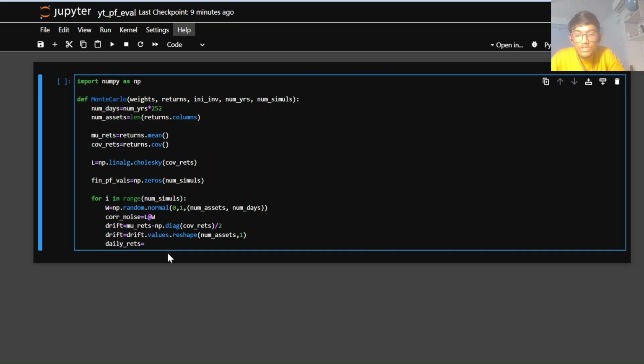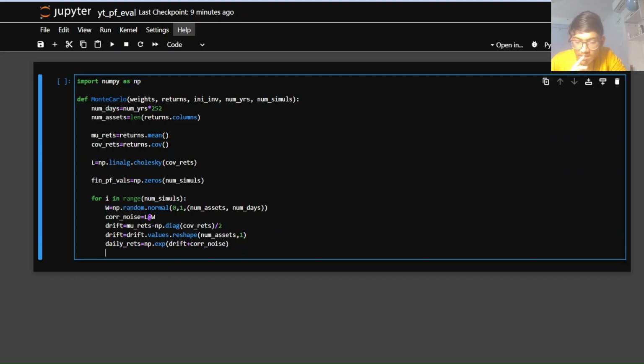So daily returns is equal to np dot exp, and inside this we'll add up both our drift plus our correlated noise. And since we have gotten our daily returns, I will stack all of this row by row, in the sense each row will define the daily returns I get for that day, and finally I'll just take the cumulative product of it.